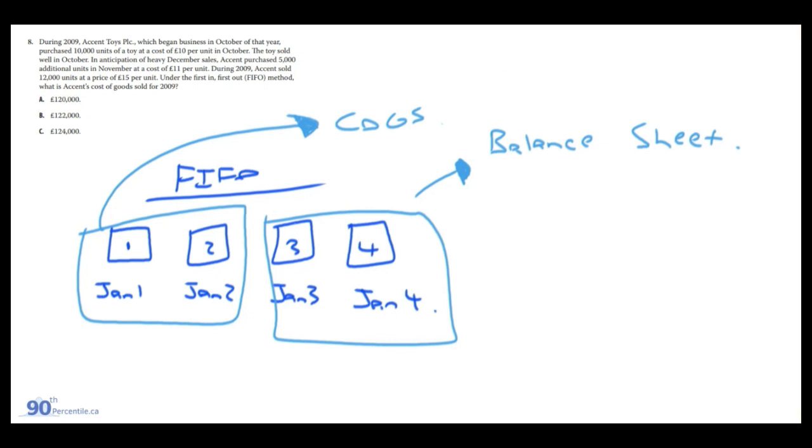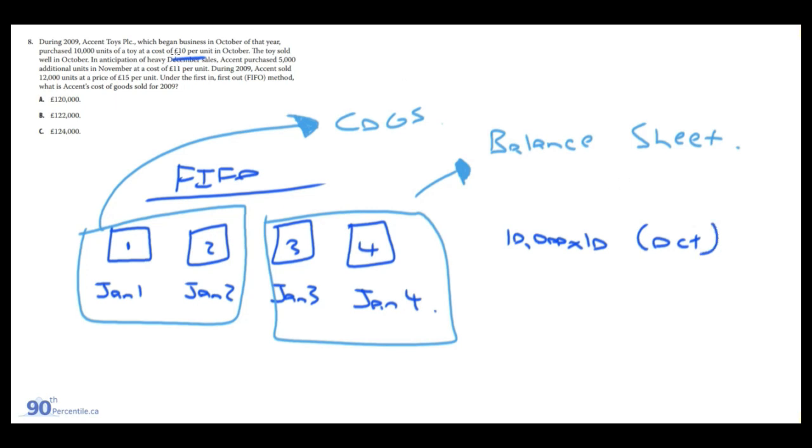But to get into the question, we have a company in 2009. They began business in October. They purchased 10,000 units of a toy at £10 per unit. So 10,000 times 10, and this was in October. The toy sold well in October.